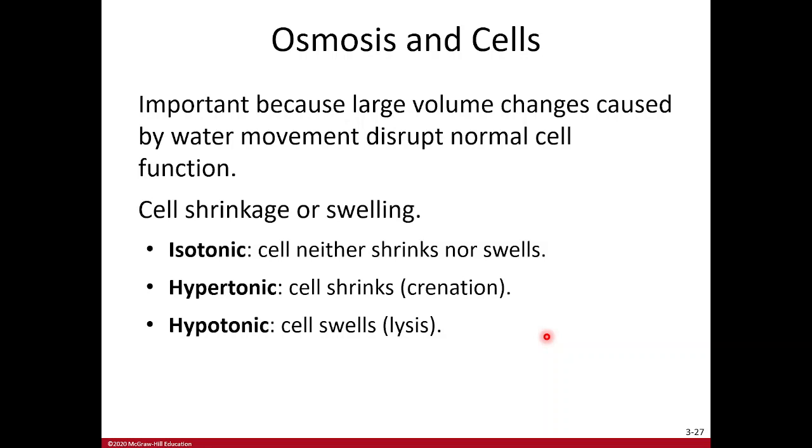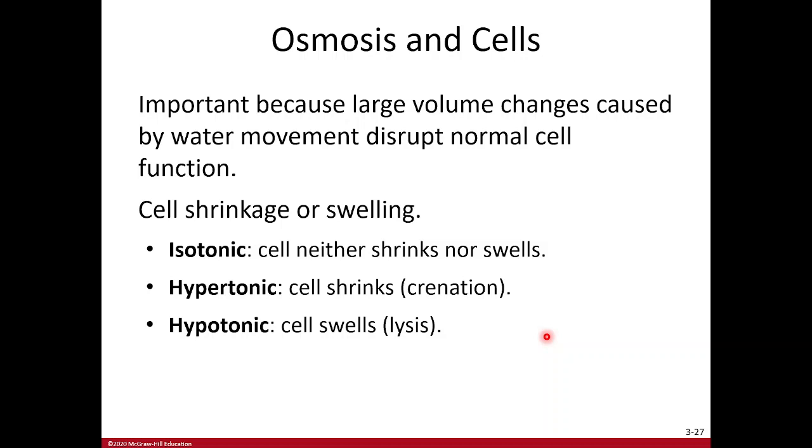Now, if you place these cells in a solution that has a high concentration of solutes, which we know as hypertonic, the cells will dehydrate. They will lose water. Because remember, water will move from an area of low concentration of solutes to high concentration of solutes, in which case the low concentration was the cytoplasm of the cells, and the high concentration will be the hypertonic solution outside the cells. So the cells, in order to dilute these solutes, will lose water.